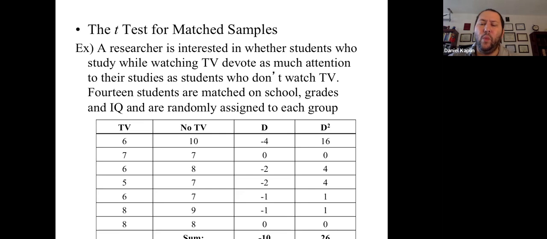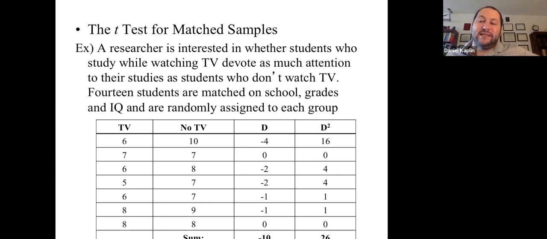So when you're doing a matched samples or repeated measures or dependent samples t-test, we're comparing a person relative to either themselves, one performance versus another, or we're comparing a person relative to someone they were matched against who is roughly equivalent on some other factors, right? So that would be what we do. So we're actually going to get difference scores when we do this.